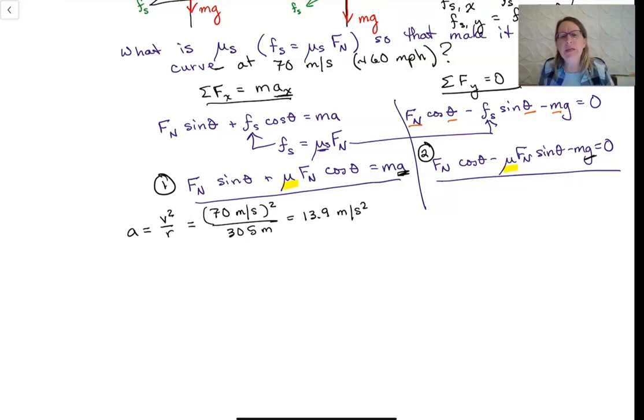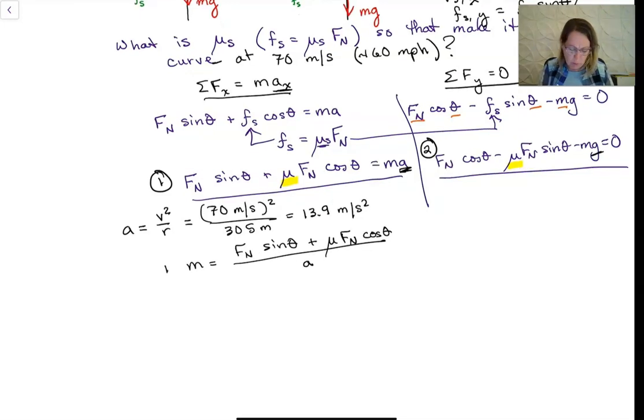And probably the easiest way to work this, because every term has an m and something on one side and then force normal everywhere else, is to solve equation 1 for m, and say m is equal to force normal sine theta plus mu force normal cosine theta over the acceleration. That's from 1.